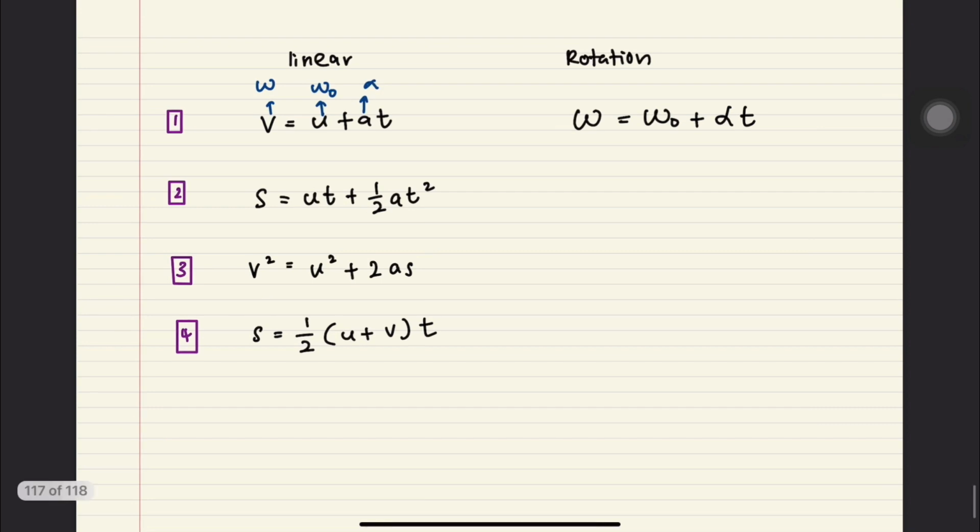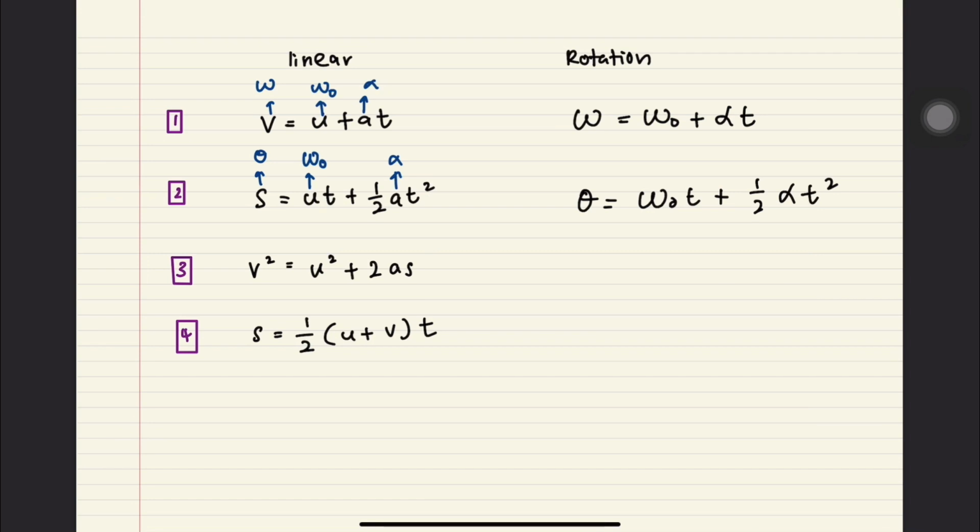For the second equation, s now becomes angular displacement, which is theta. u is the initial angular velocity, omega naught, and a is basically alpha, the angular acceleration. So the equation becomes theta equals omega naught t plus half alpha t squared. We now refer to equation 3.